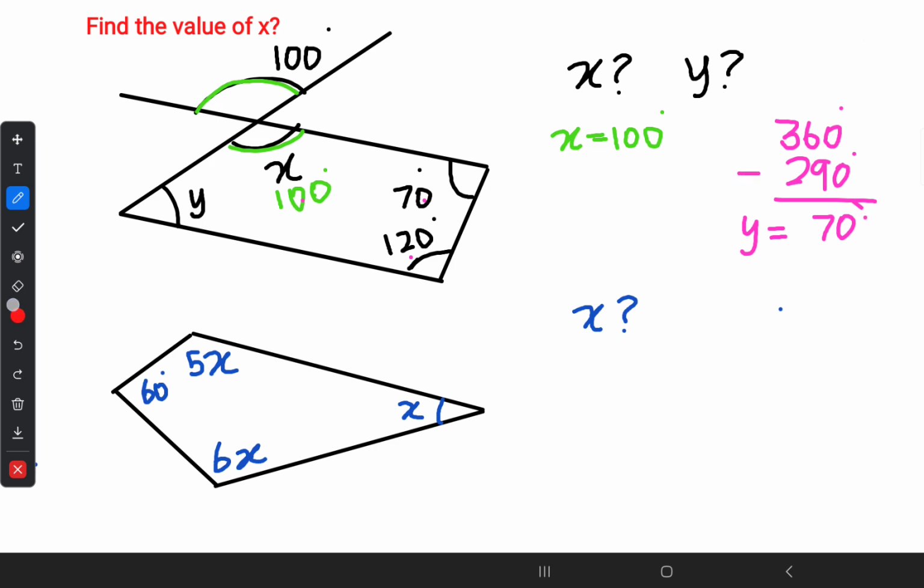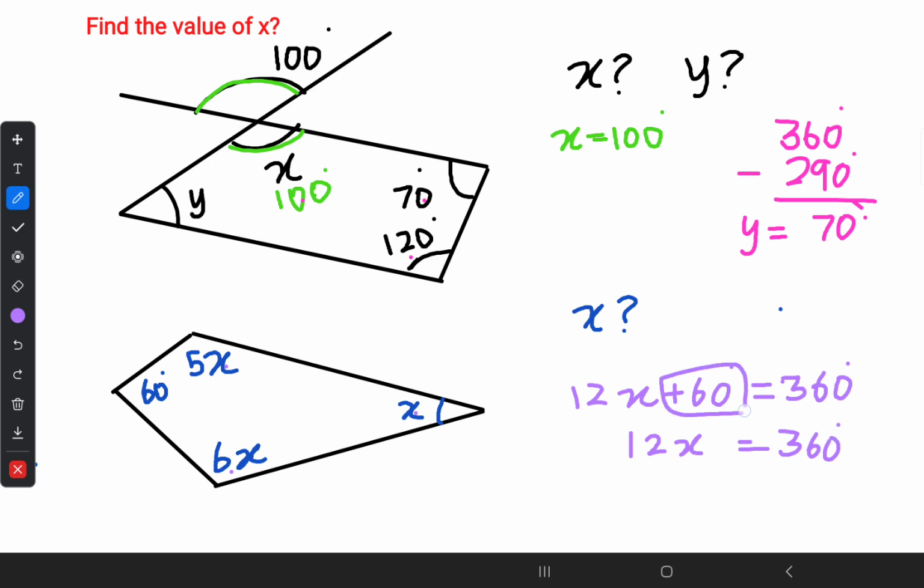In the second question, to find the magnitude, we will get the sum of all these angles. So 5x plus x is 6x, plus 6x is 12x, plus 60, equals 360 degrees. So 12x should equal 360 minus 60.